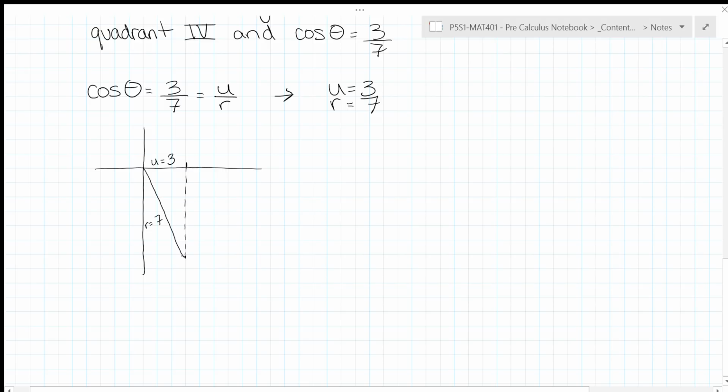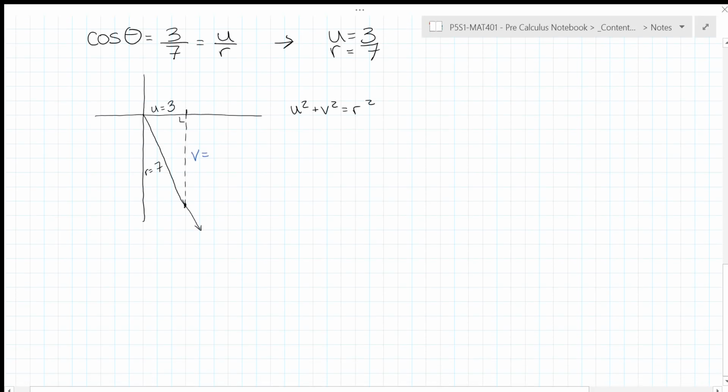Again, out to that point, the thing continues forever, but this is just one point on it. I could also do 6 and 14, but the ratio and the smallest such one is 3 and 7 here. The only thing that I need to find then is my v. What is my v equal to? Well, again, the Pythagorean theorem helps me figure this out: u squared plus v squared equals r squared.